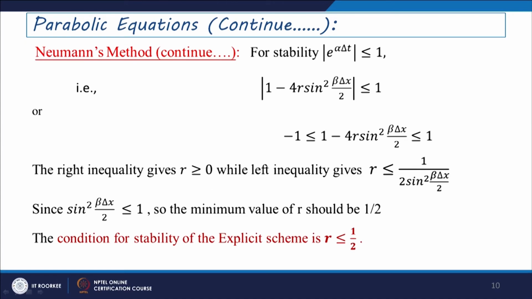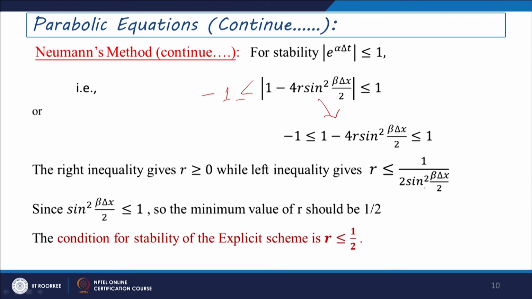Taking the absolute value, it should be less than or equal to 1, so minus 1 goes on this side. This is the relationship established as an inequality. The right inequality gives r greater than or equal to 0, while the left inequality gives r less than or equal to 1 by 2 sin²(βΔx/2).